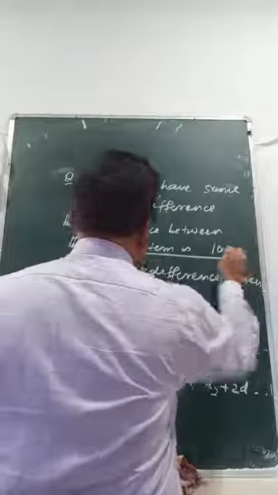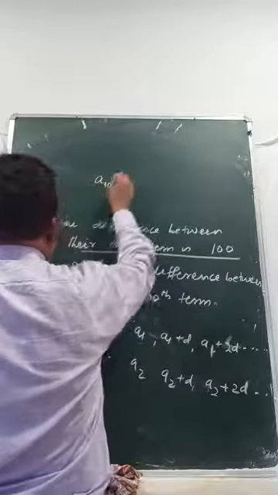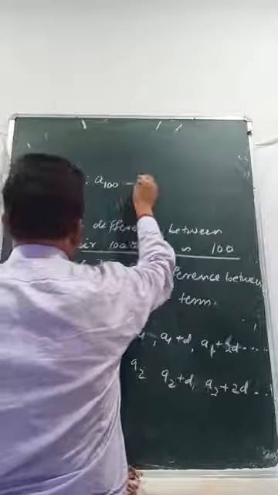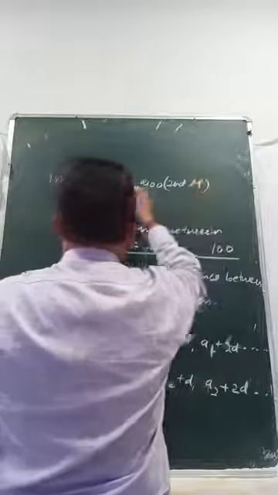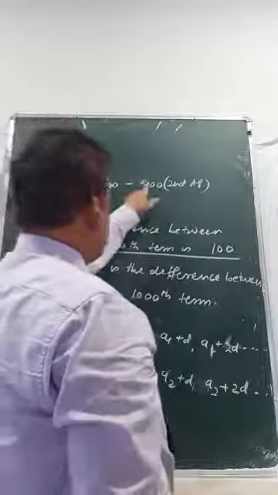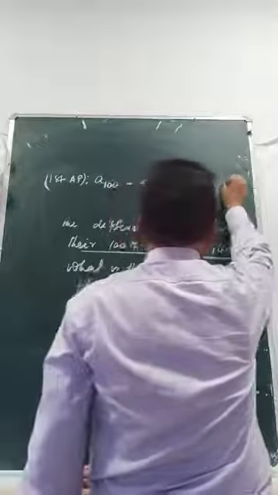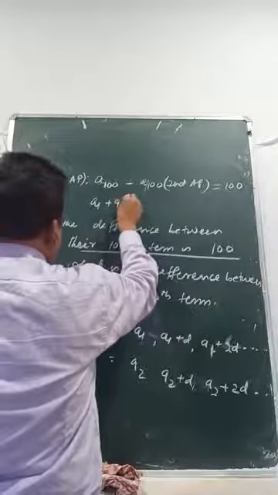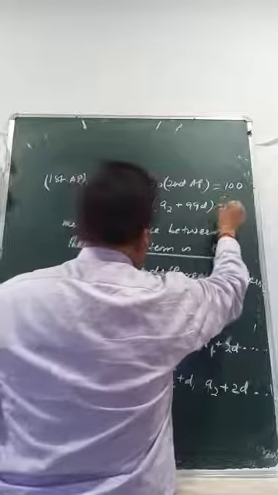Difference between their 100th term means the 100th term of the first AP minus the 100th term of the second AP is 100. That means this will be A1 plus 99D minus A2 plus 99D equals 100.